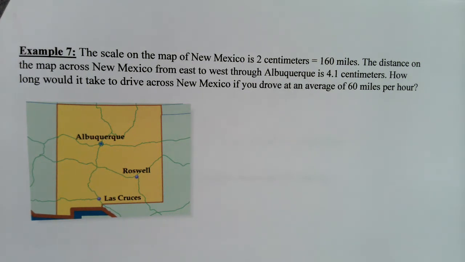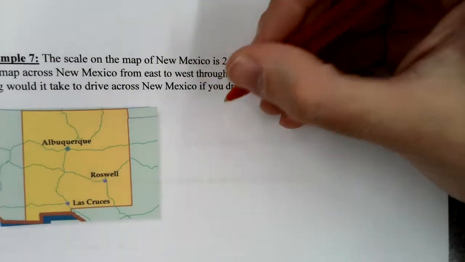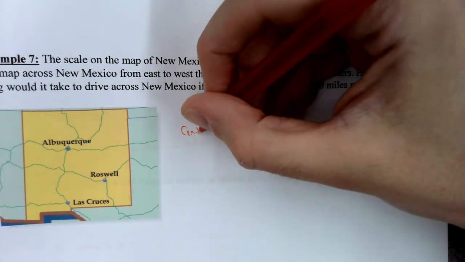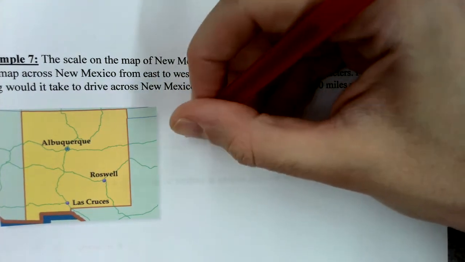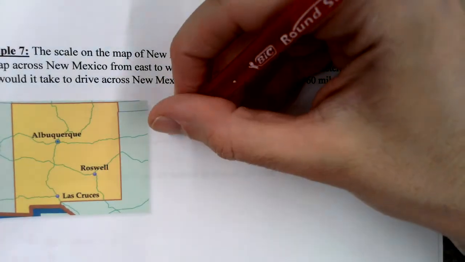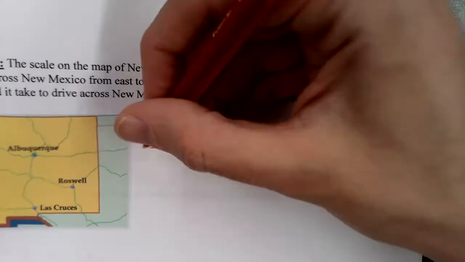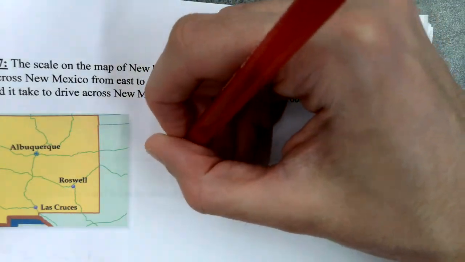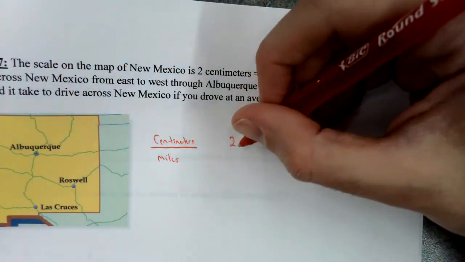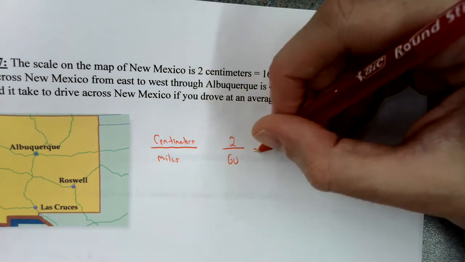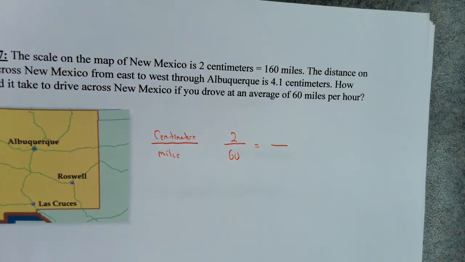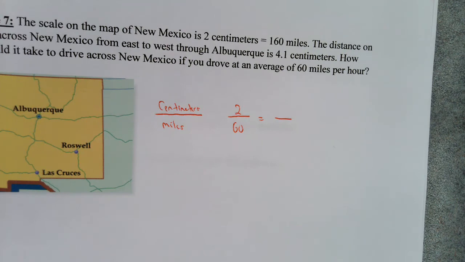Okay. So what I'll do is I'll write my proportion. I'm going to do centimeters over miles. Kind of like what we did in example 3, the length over the wingspan problem. So 2 centimeters is 60 miles. That's the map.